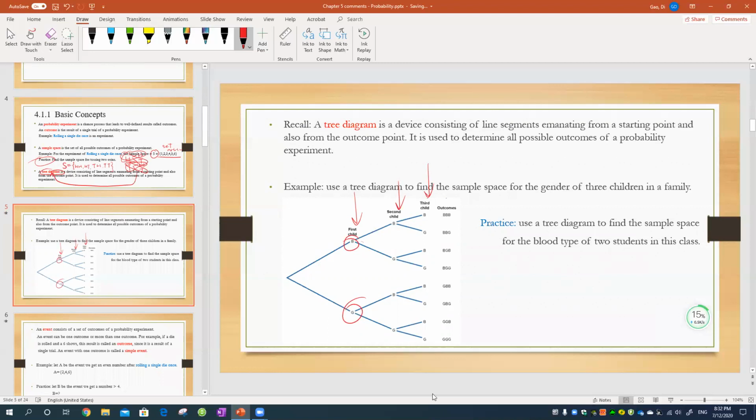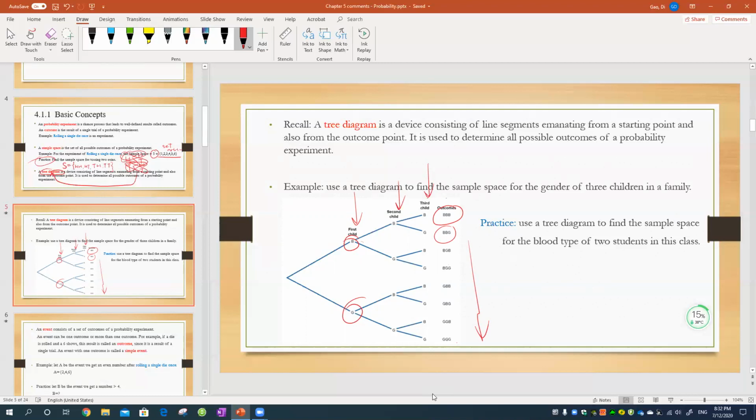So on and so forth until the third round, then we finish all the branches, and we call it a tree diagram. So for the first row, we have boy-boy-boy, so we write it down, and then boy-boy-girl, and so on and so forth. Then we have 1, 2, 3, 4, 5, 6, 7, 8. So that's our sample space.